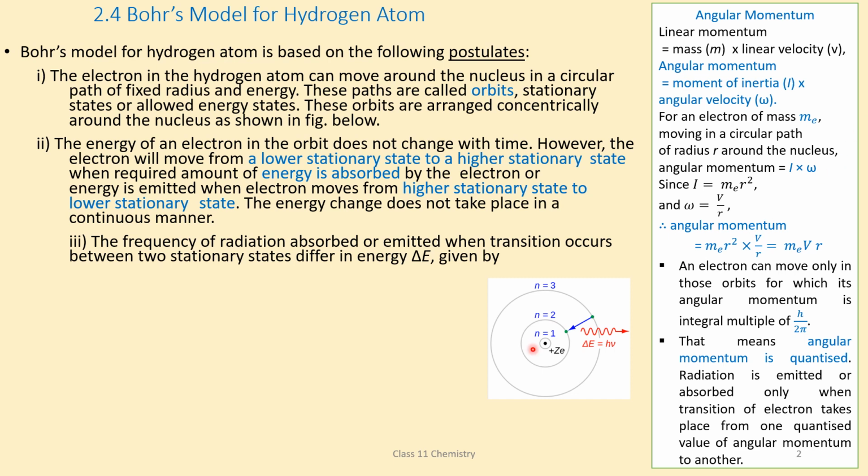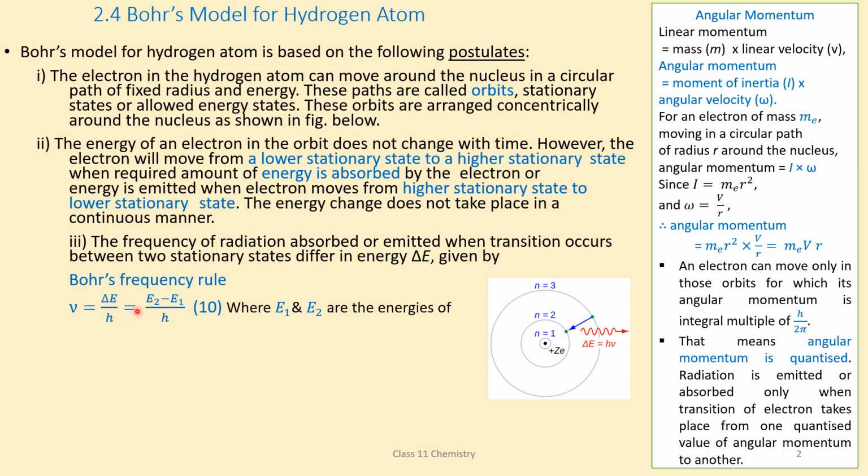The frequency of radiation absorbed or emitted when transition occurs between two stationary states differing by an energy delta E is given by Bohr's frequency rule, that is nu equals delta E by h, where nu is the frequency, delta E is the difference of energy, and h is the Planck's constant.